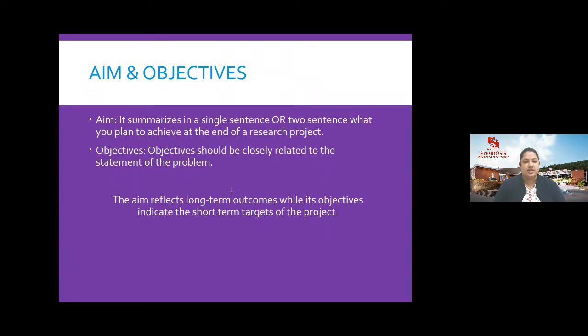For example, if your project requires any kind of examinations or investigations, you have to clearly spell them out. Then data collection methods, how you will be analyzing your data, and if required, ethical clearances, especially when you are taking any kind of investigative reports or examinations for your research work.